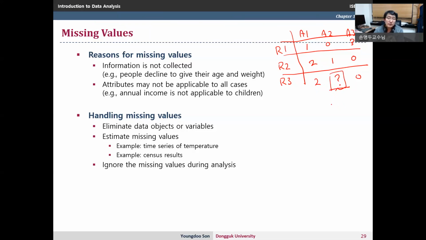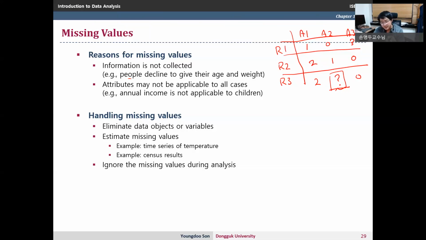The reason for missing values is that sometimes information is not collected because people decline to give their age or weight or other sensitive information, or it can be missing in an unintentional manner.